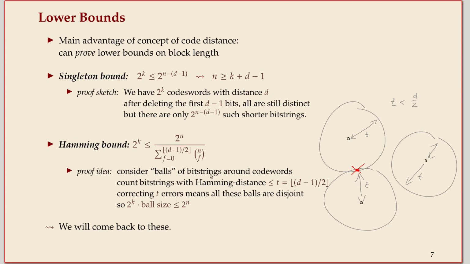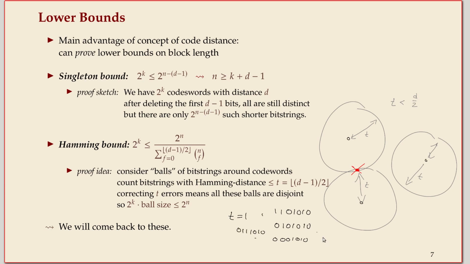So what is a ball in the sense of bit strings? Let's just do a simple example. If t is 1, and we start with some random bit string, the ball around this would be flipping each possible bit. I could flip the first one and keep all others intact, or I could flip the second one, or I could flip the third one, and so on.